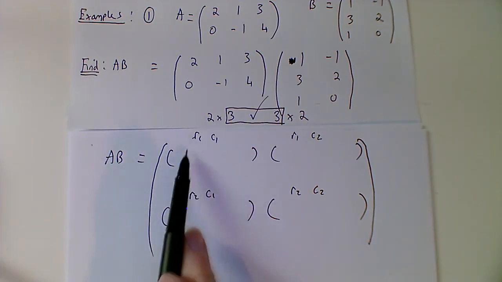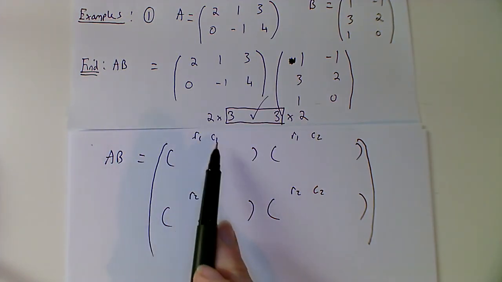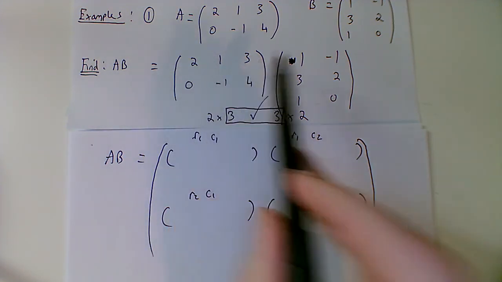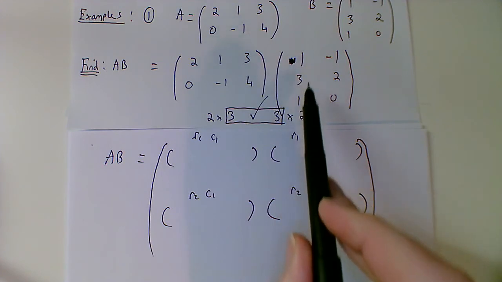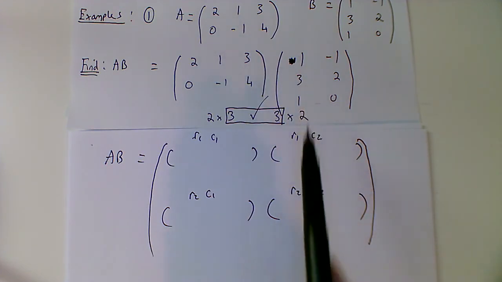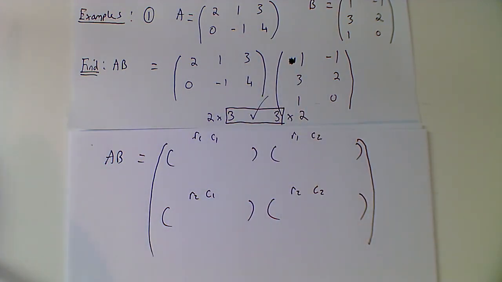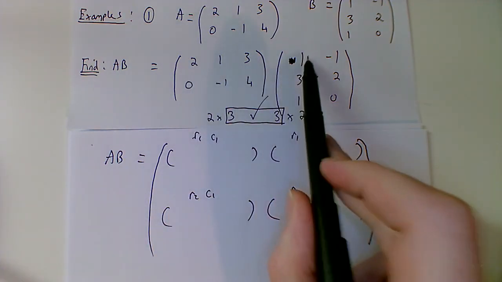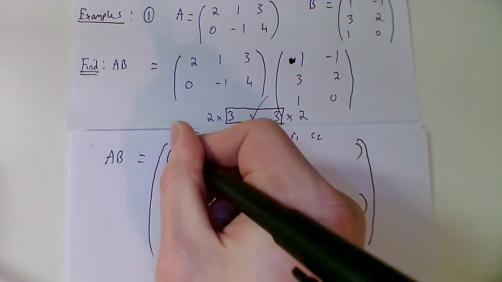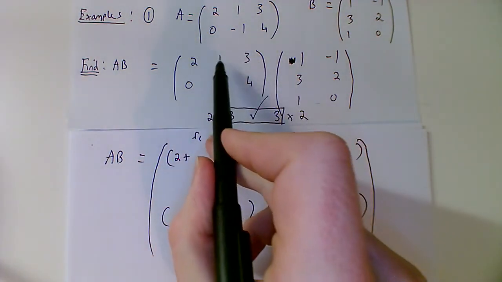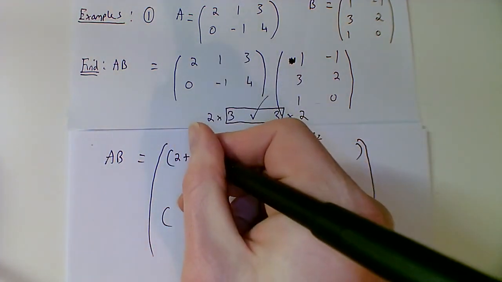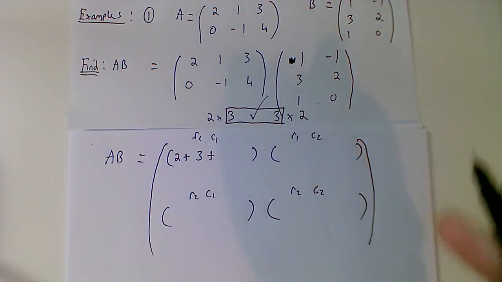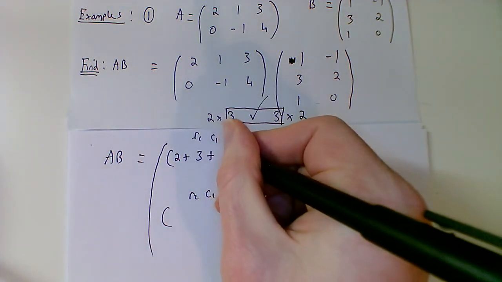Now that tells you what you have to multiply together. So in this element here, I need to multiply row 1 by column 1. So all of these here in row 1 have to be multiplied by all of these here in column 1. And between each one is an add. So I'm going to do 2 times 1, which is 2, plus 1 times 3, which is 3, plus 3 times 1, which is 3.